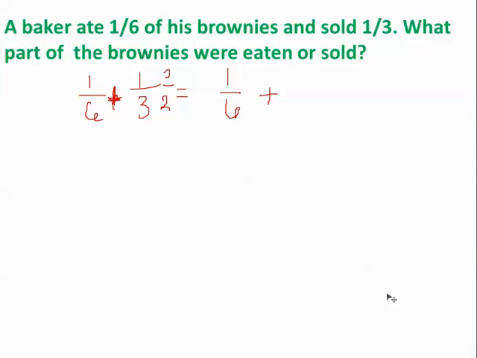We learned that from our mathematical properties. 2/2 is just a funny form of 1, but it's still the value of 1. So in this problem, I need to add 1/6 and 2/6. I get 3/6. If I reduce that, I get 1/2. He either ate or sold half of his brownies, and he must have half of his brownies still left in his bakery case.